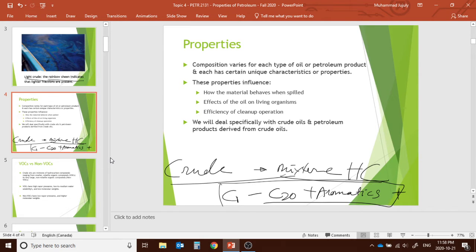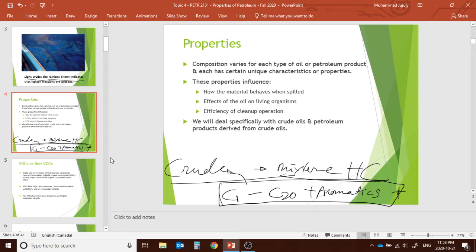So the composition varies with each type of crude oil, and each has certain unique characteristics and properties. These properties influence how the material behaves when it's spilled, the effect of oil on living organisms, and the efficiency of cleanup operations.